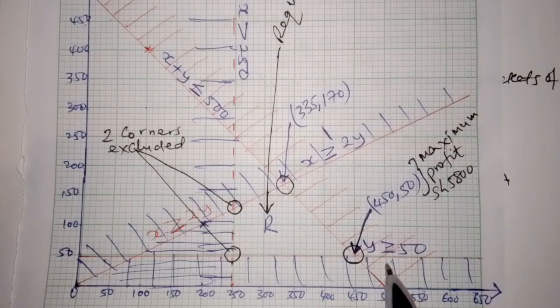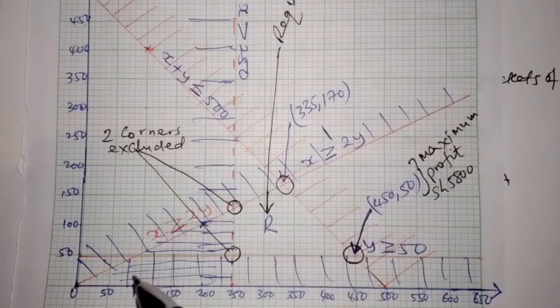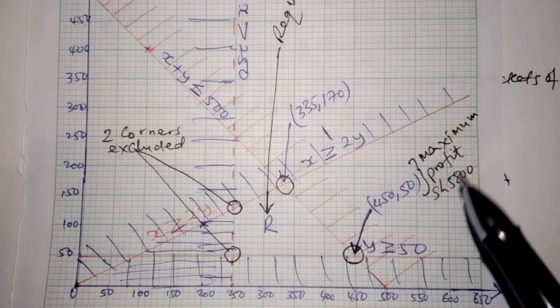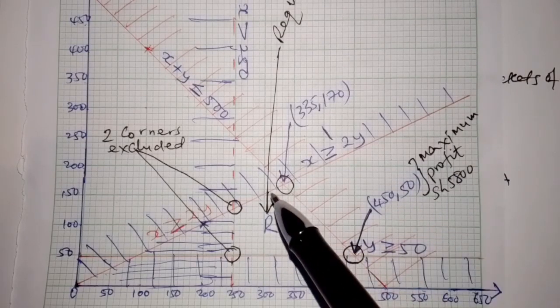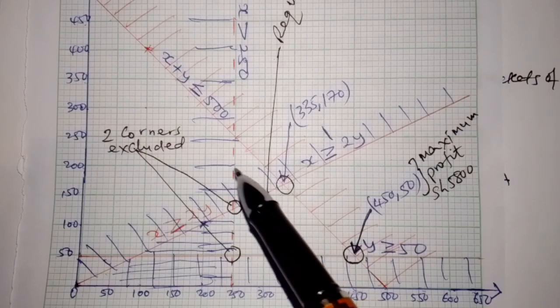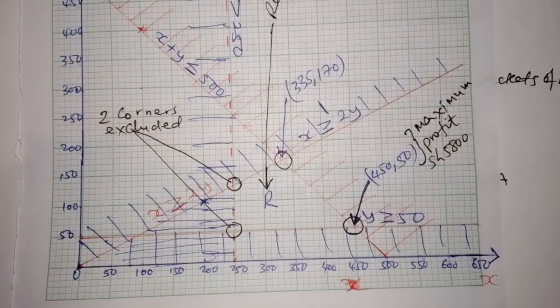Y is greater or equal to 50 is a continuous line here. So we are having a graph of 4 lines. So this is our required graph.